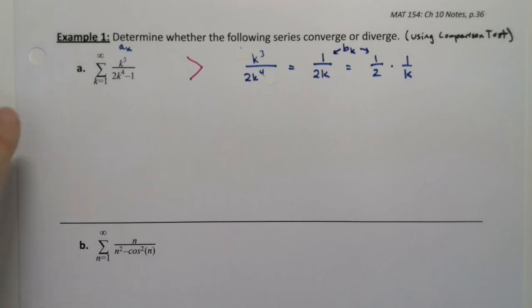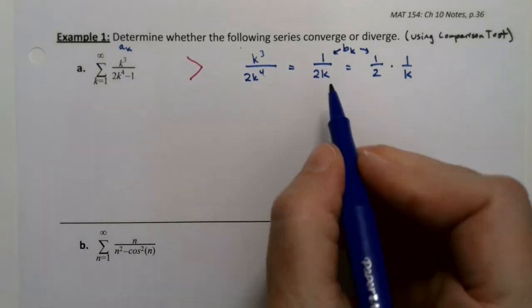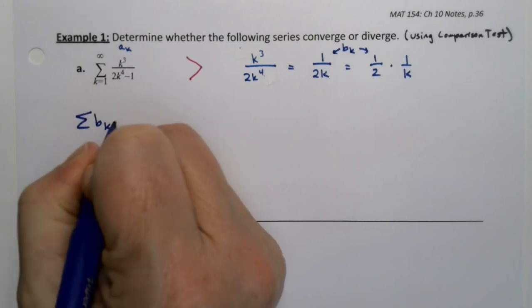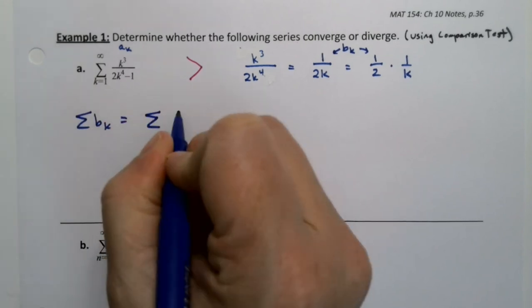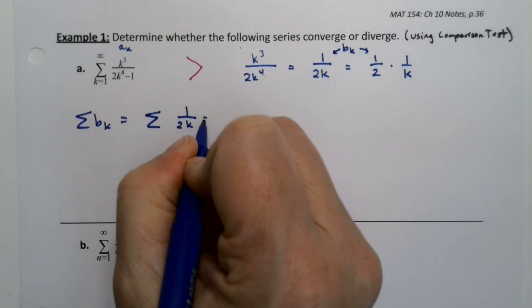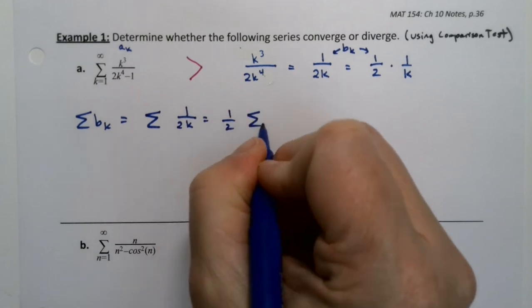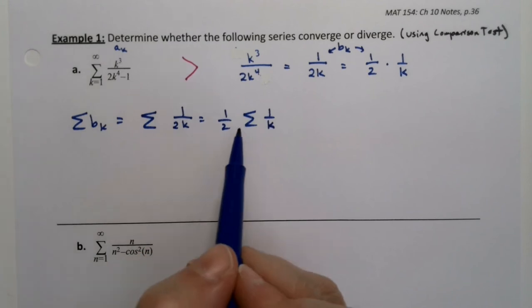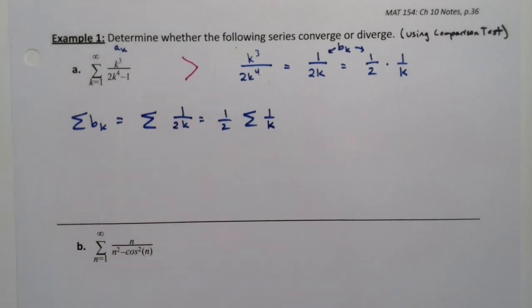And you think, well, do I know anything about that? So let's look at the series b sub k. That would be the series 1 over 2k, which is 1/2 times the series 1 over k. Well, the constant doesn't really do anything. If you remember, we learned a property, and this is where those properties come in handy.